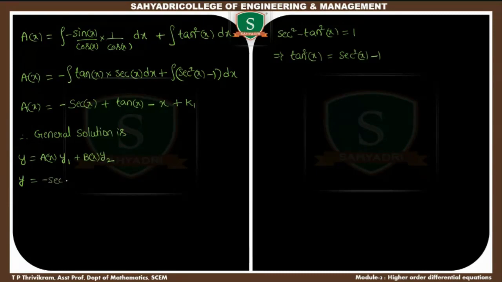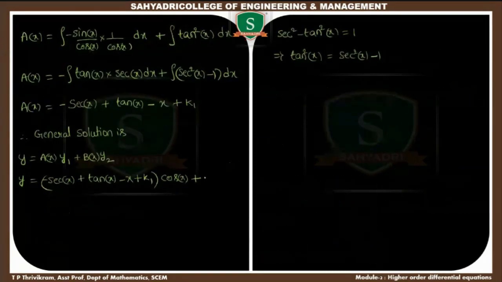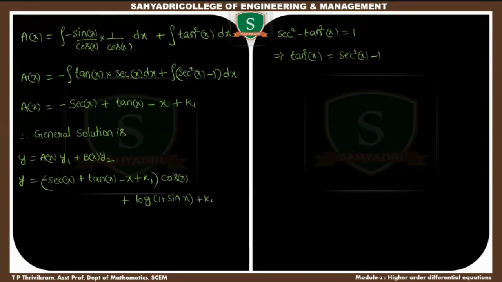Minus secant x plus tan x minus x plus k1, into cos x, plus log of 1 plus sin x plus k2, into sin x.